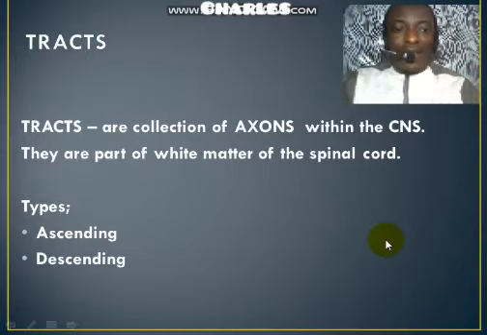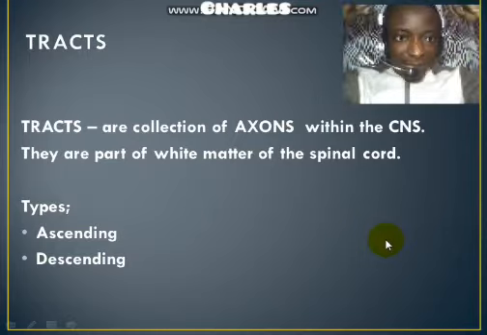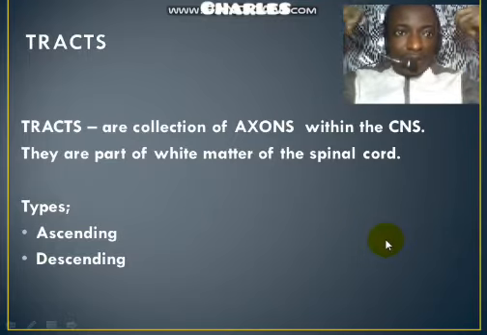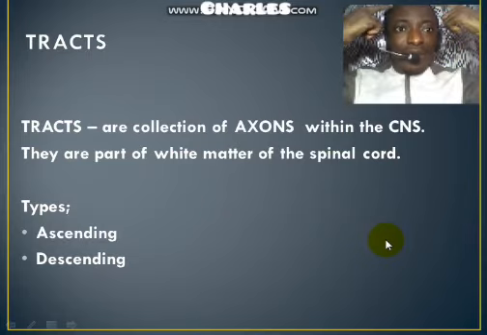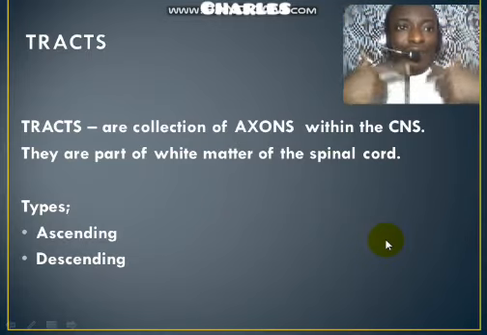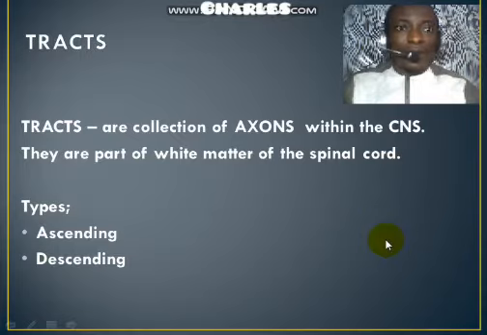Ascending tracts are moving from our body parts to the higher centers, the brain. They are going upwards. Whereas descending tracts are moving from the higher centers down to all our body parts. It's very, very simple. From their names, you will be able to define these two important tracts of the CNS.